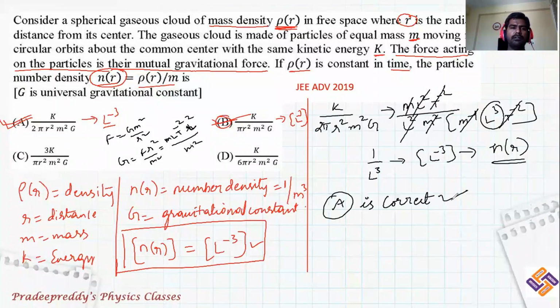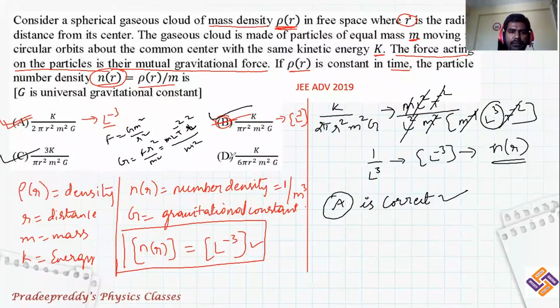Option A is correct. As it is asked in the JEE Advanced exam, there may be more than two options correct, so you need to cross check option B, option C, and also option D. Option B, K divided by pi r square m square G, only the 2 is not included between option A and option B, so option B is also correct. Coming to option C, only numerical constants are included here, and the physical quantities are the same, so option C is also correct.